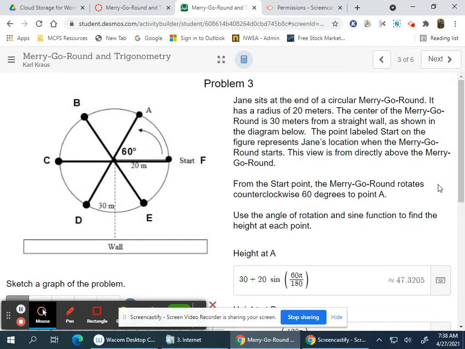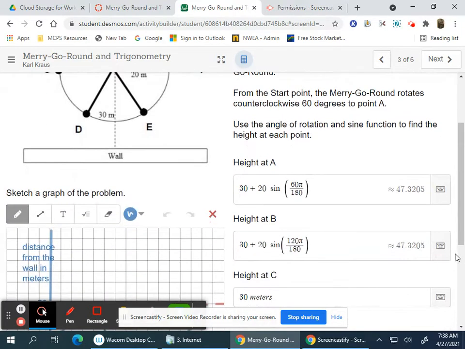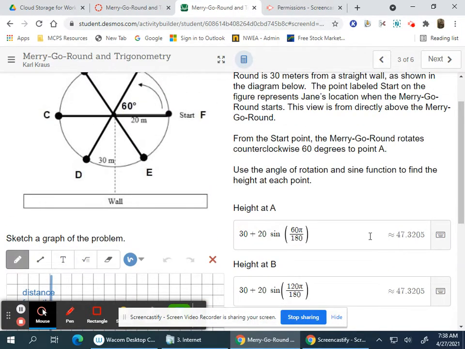All right, then problem 3. Jane starts at the end in the same 20 and 30 meters, but this time you rotate 60 degrees. And then if you wanted to find each height, you do 30 plus 20 sine of 60 degrees.